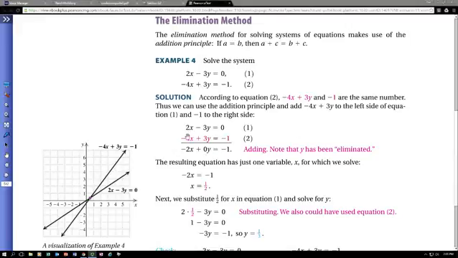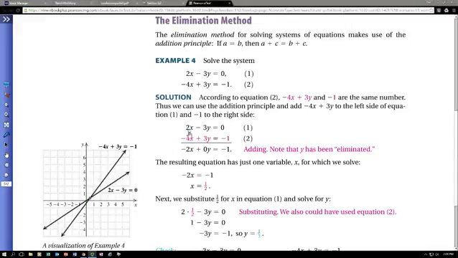Well, in this case, hey, the y's here, this is really plus a negative 3y, and this is plus 3y. Well, negative 3y and 3y are additive inverses of each other. If I add these two things together, I get 0. I have basically found a way to eliminate the y variable in an equation, so I end up with one variable.